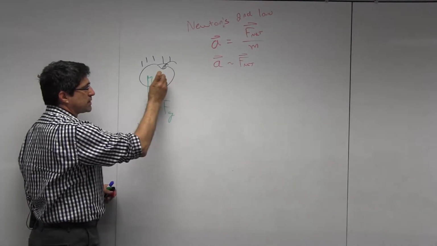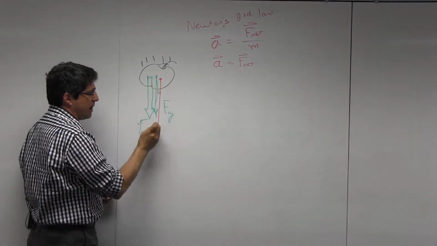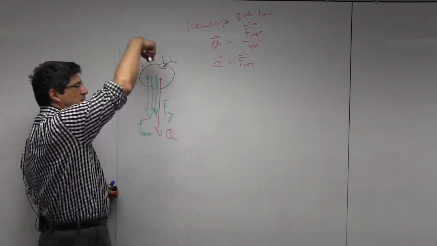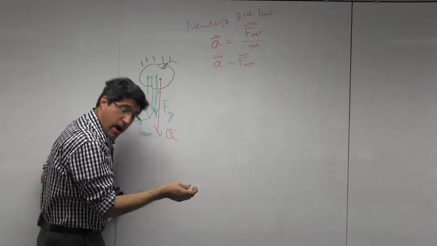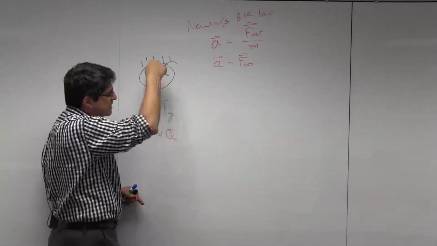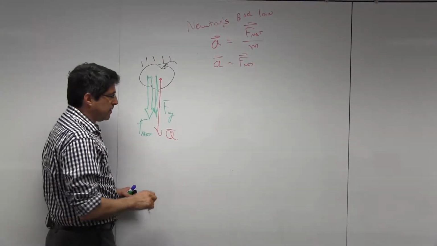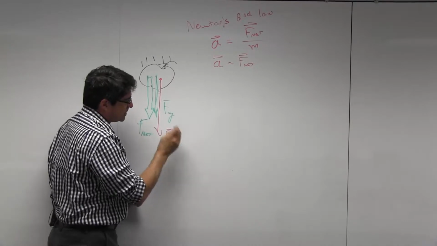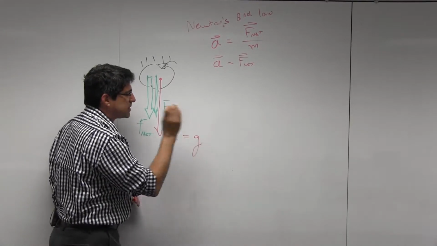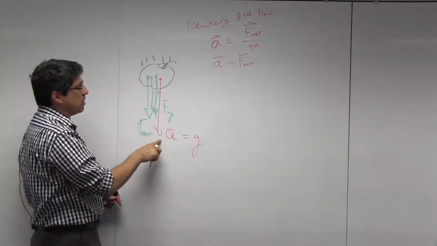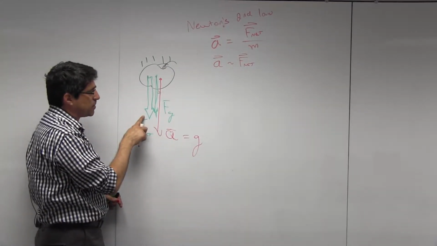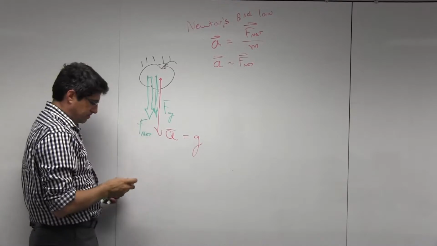We'll draw the acceleration in red, and so we have an acceleration straight down. Pretty clear. An object falling is accelerating straight down. For pedantic purposes, this acceleration in the world of physics is called g. But it's an acceleration down, and it goes down because the net force is in this direction. All right.